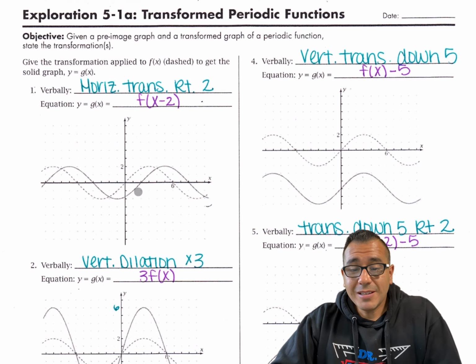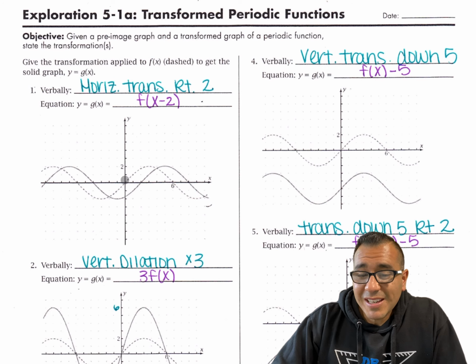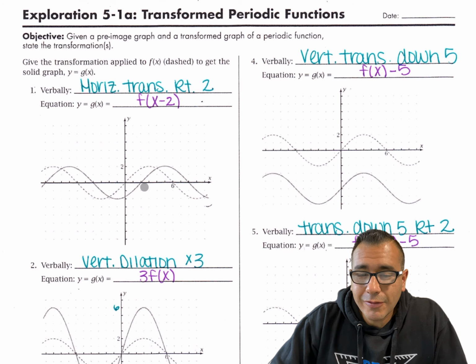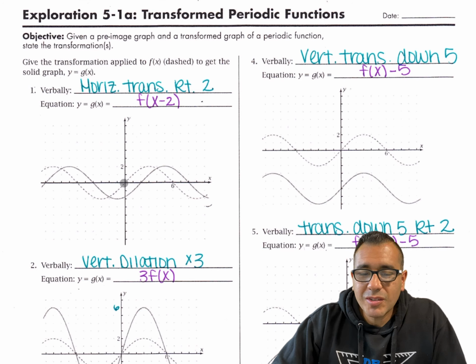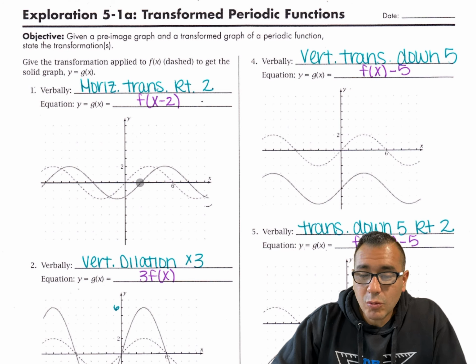So let's look at our first graph here. To get from the dotted curve to the solid curve, what I want you to do is pick a point on the curve. So look at this point (0, 0). Pretend you pick up this graph and you move it. It seems like this graph was moved 2 places to the right. This point was lifted and placed right here.